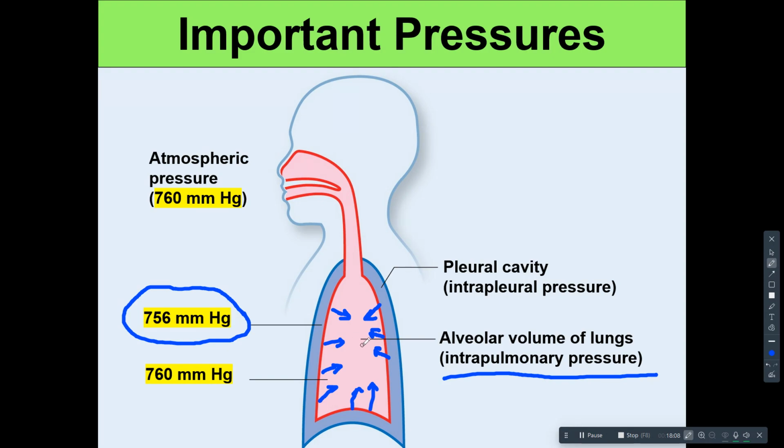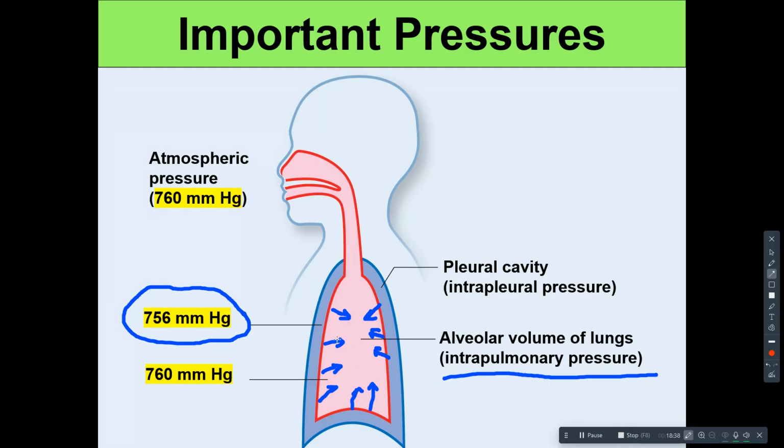Now, do we want this guy to collapse? No. And in fact, it is this pressure difference here. The fact that lung pressure is always bigger than intrapleural pressure is going to help me prevent the lungs from collapsing. So pressure inside the lungs is 760 right in here, 756 in my pleural cavity.